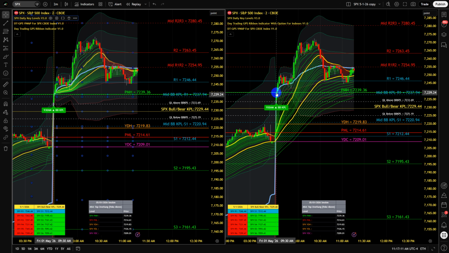Ideally, you're looking for it to not only be all red, but for the bottom part of the ribbon to be pulling away in the case of a bearish trade. And of course, if you have the dual screen set up, then you're looking for confirmation from both ribbons being either all green for bullish entries or all red for bearish entries.